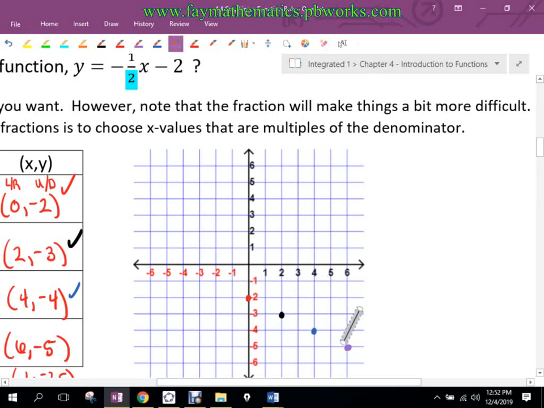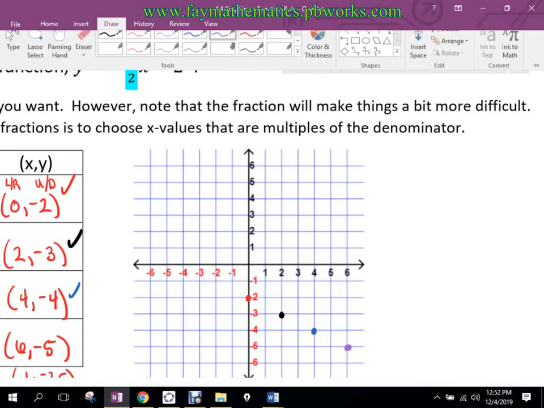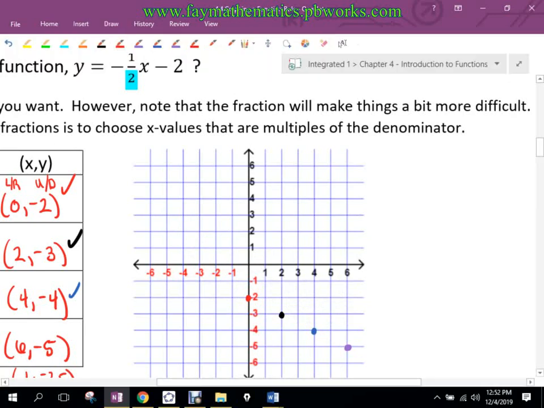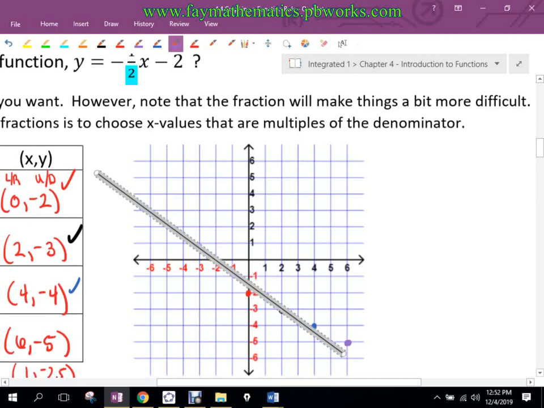The only thing about this program that I don't like is that the drawing feature for lines is awful. All right, that's okay. So I get that line, right? Now think about this.